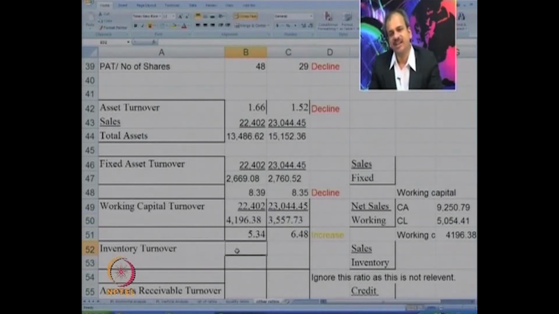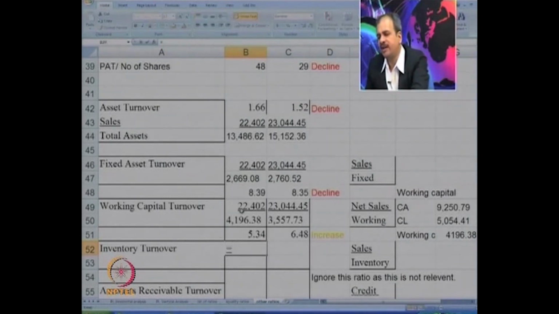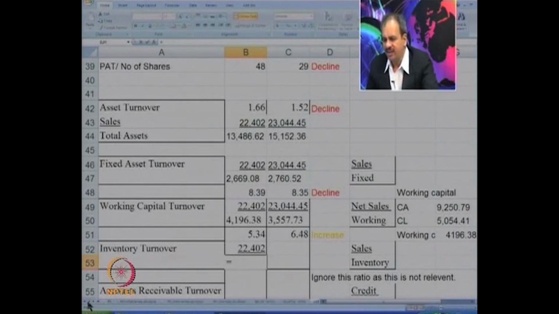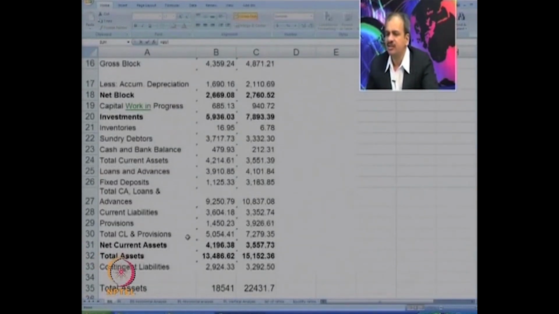Next is inventory turnover. In inventory turnover, we try to link sales to inventory or the stock. Actually, this ratio is irrelevant, because as you know, ours is an IT company which does not have any significant amount of inventory. Still, we will try to calculate. So, you know the sales figure, look for the inventory figure in the balance sheet.